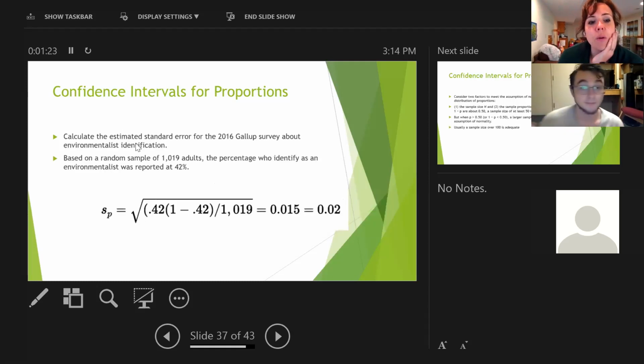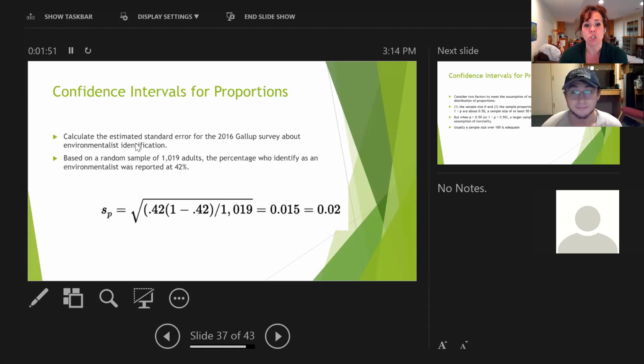So if I were to calculate the estimated standard error for that Gallup survey about environmentalist identification, which was 42% identified as environmentalists, this is in the first portion of our lecture today. Based on a random sample of 1,019 adults, that would be my N, the percentage of folks who identified as environmentalists was reported to be 42%.